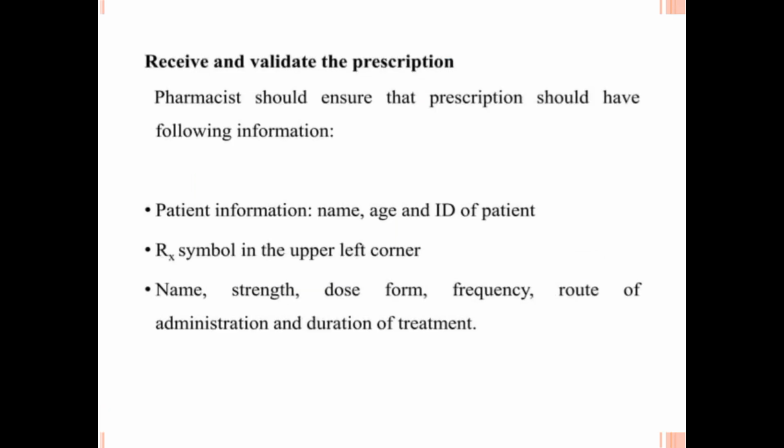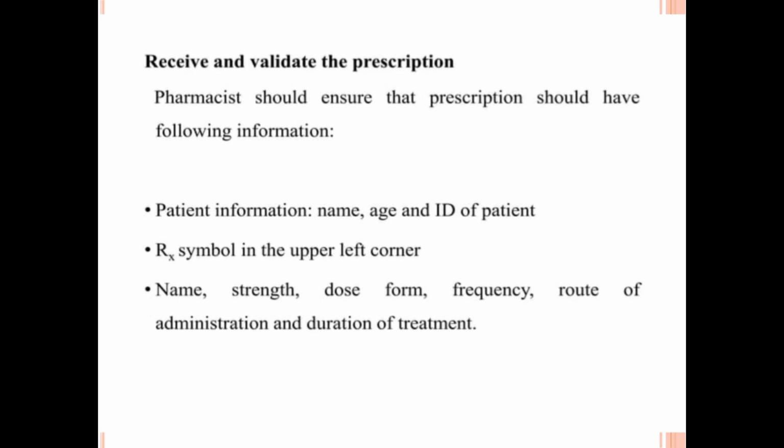So the first step is to receive and validate the prescription. Pharmacists should ensure that the prescription has the following information, so that the prescription is said to be valid. First is patient's information, that is name, age and ID of patient.